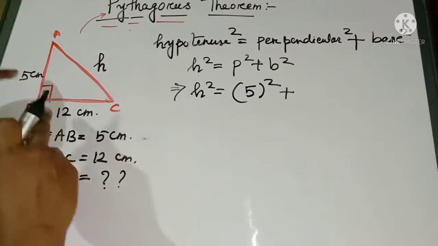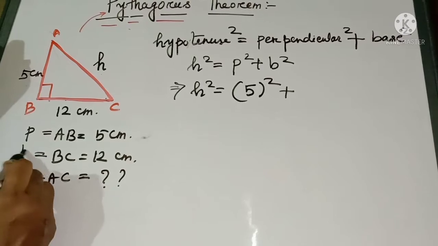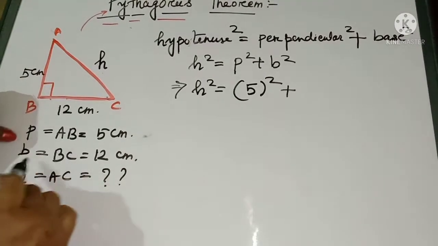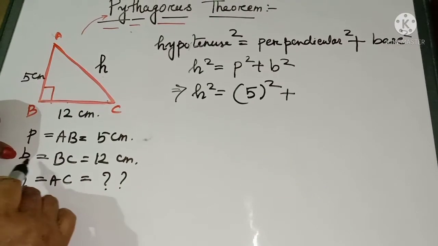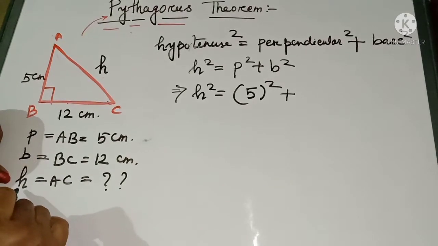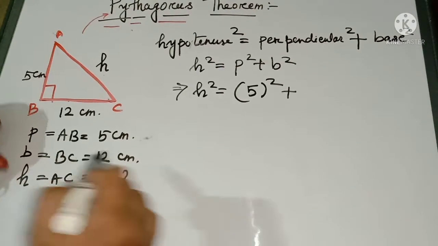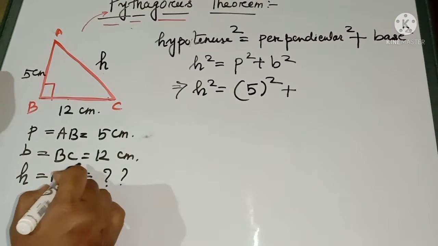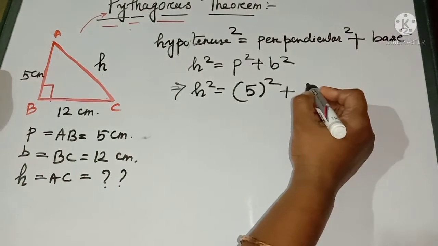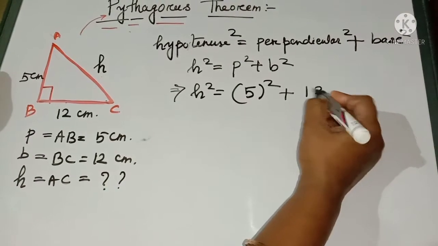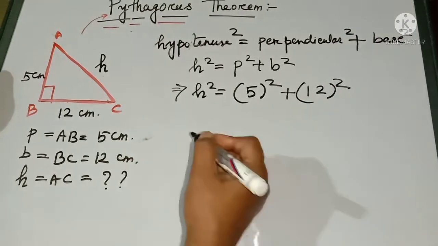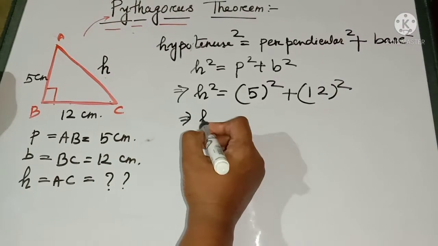Who is the base? BC is the base. So P is AB, base is BC and H is the hypotenuse. Now, BC is given as 12 centimeters. Write here 12 centimeters. Now again write hypotenuse square.